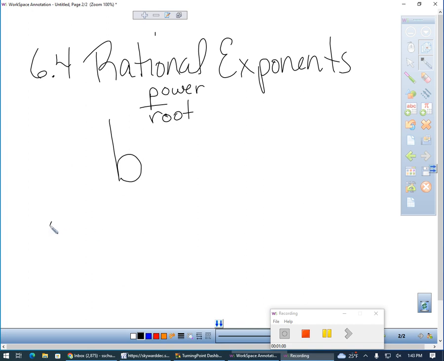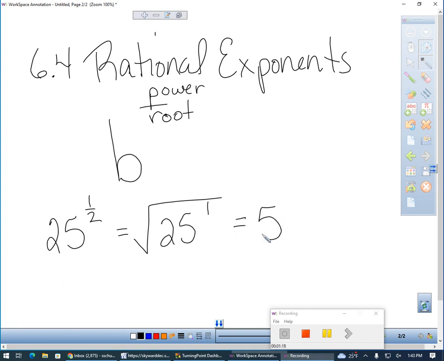For example, if I have 25 to the 1/2 power, what that means is that I have 25 to the first power inside a square root, which we can simplify to 5.